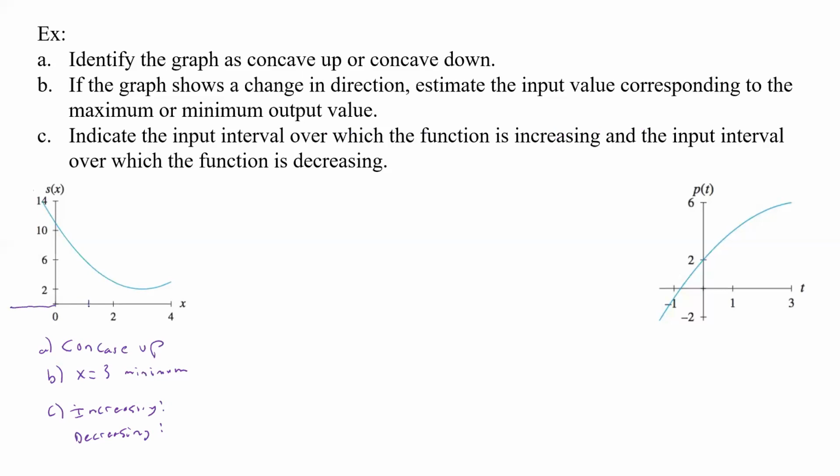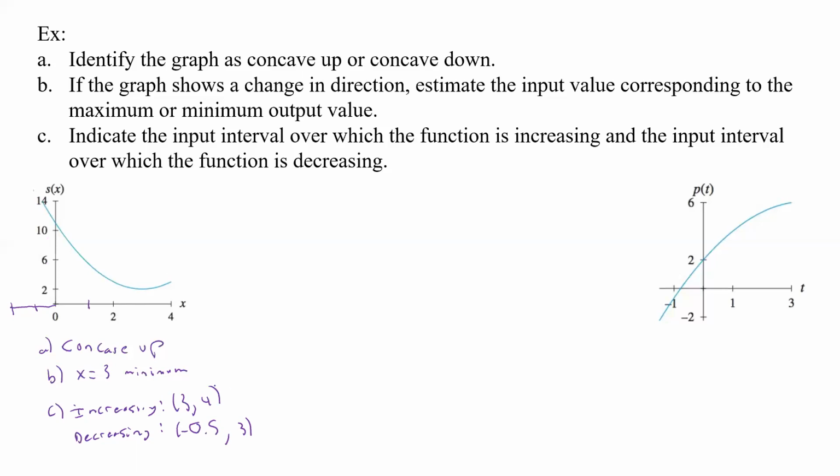So if one is that long, one is probably that long, that might be half of that maybe. So we're going to go decreasing from a negative 0.5 up to that 3. And it's increasing from 3, and it stops right there at 4. So it's only from 3 to 4, and then we're done.